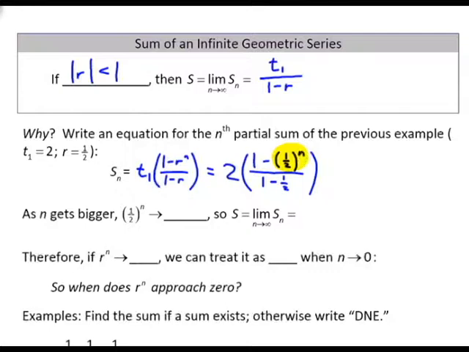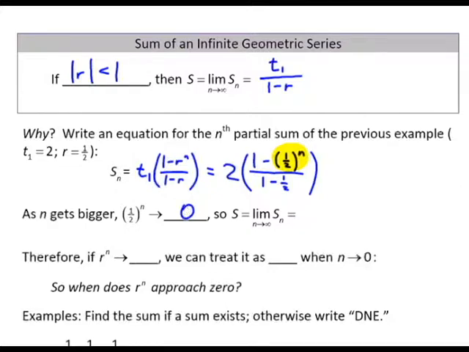N is getting larger and larger, so 1/2 to the power of n is going to get very, very small. If you think about it, this is going to go 1/2, 1/4, 1/8, 1/16. 1 over 2 to the 10th is 1 over 1024. We're getting very small fractions here. As n gets bigger, 1/2 to the n tends towards 0.